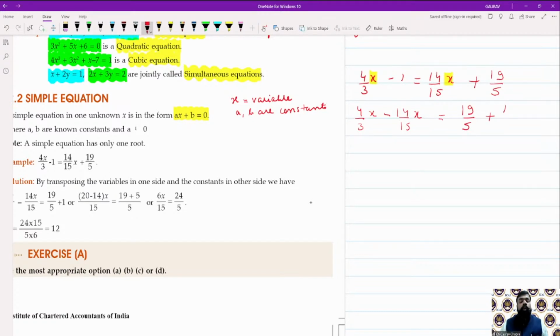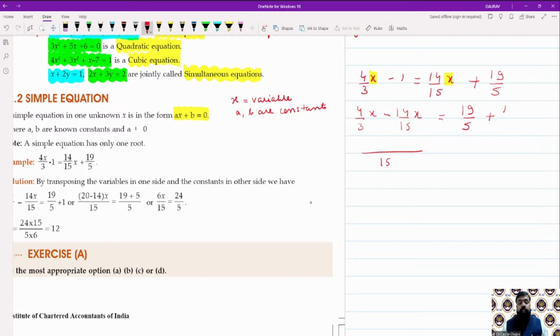So this process is known as transposition. That means changing the positions or places of the constants or variables. Whenever we change the place, we have to change the sign as well. Okay. Now take the LCM on the left hand side. What is the LCM of 3 and 15? It is 15.